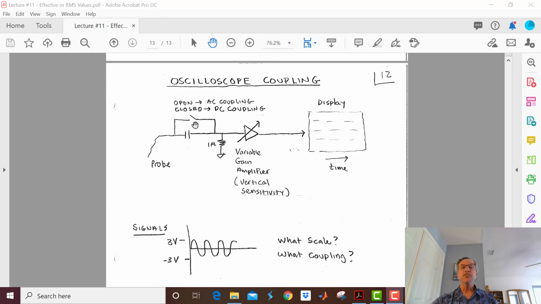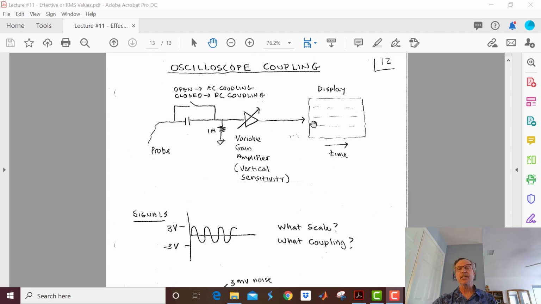I exaggerated it here. So here's what I'm going to do. I'm going to open that switch, and now my front end is not going to pass that 50 volts. And at this point right here, I'm going to see that little 3 millivolt signal symmetrical around ground, and then I'm going to crank the gain up. And now I'm going to see my noise signal.